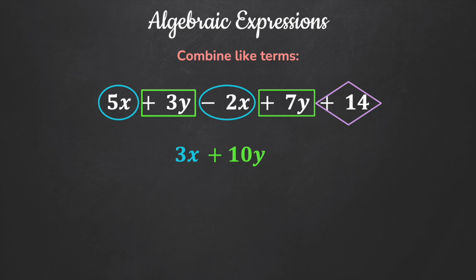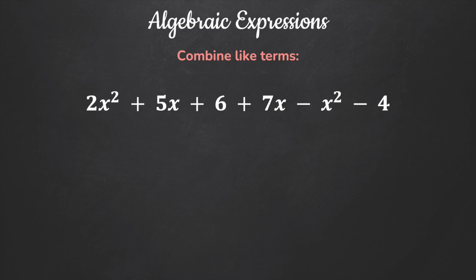And then here we have 14, which is a constant, and it's by itself, so we're going to just go ahead and bring it down. So 5x plus 3y minus 2x plus 7y plus 14 is equal to 3x plus 10y plus 14.